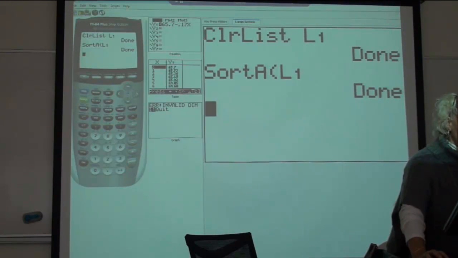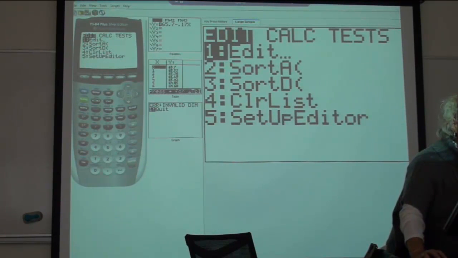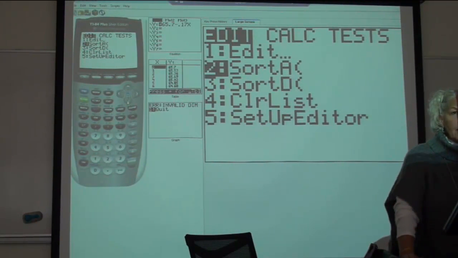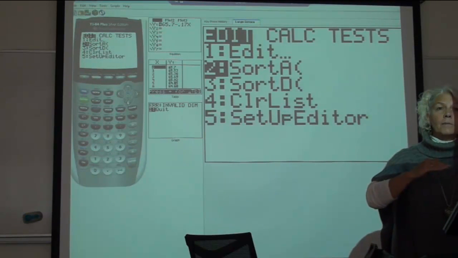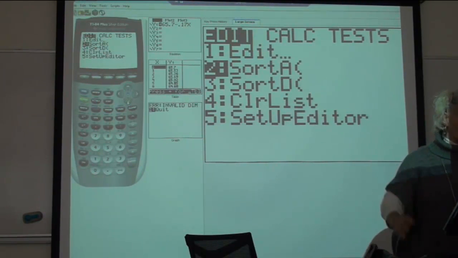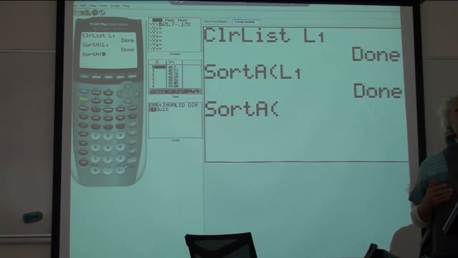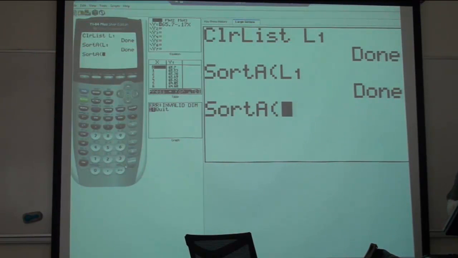Okay, so I'm going to go back to stats. That's the cover page, right? Yes. Are you on that page? Okay. All right. And number 2 is sort A. That means sort in ascending order, so I'm going to start with the lowest and go into the highest. Okay, I want that one. But each time I want to do something in here, I need to tell the calculator what data I want it to work with.